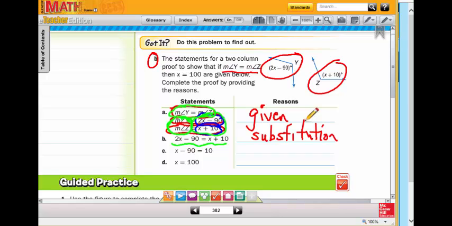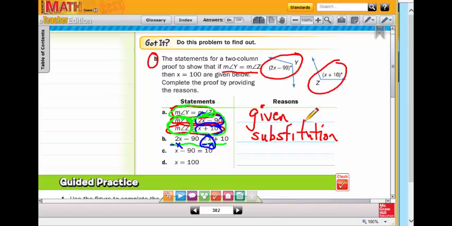Next we have step C, which says then x minus 90 equals 10. And we can take a look at that and recognize what we did to both sides here. You can see that the x is missing over on this side, so clearly we subtracted x here, and we subtracted 1x here, and we get 2x minus x is 1x minus 90, and then this is a zero pair here, so it's gone, and we just have plus 10.